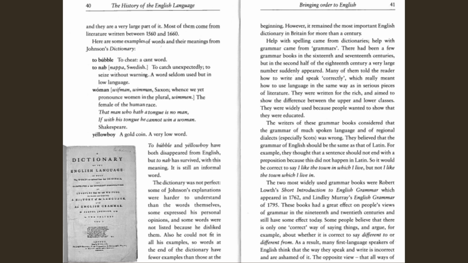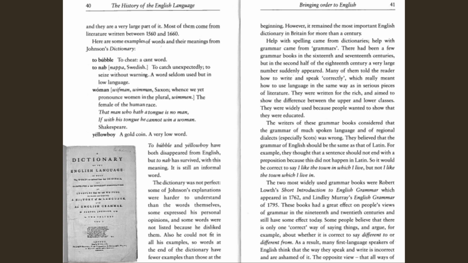Woman, wifman, Saxon, whence we yet pronounce women in the plural: the female of the human race. "That man who hath a tongue is no man, if with his tongue he cannot win a woman." Shakespeare. Yellow boy: a gold coin. A very low word.